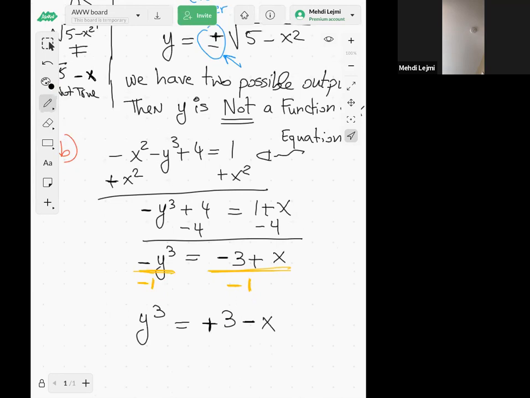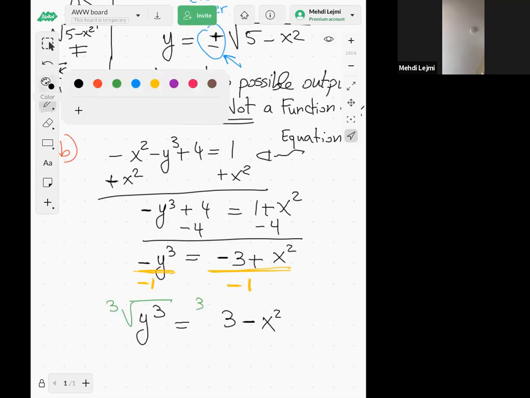So now I can apply the third root to both sides. Oh yeah, x squared, thank you. Yeah, absolutely, it was the square. I forgot the square. Thank you.